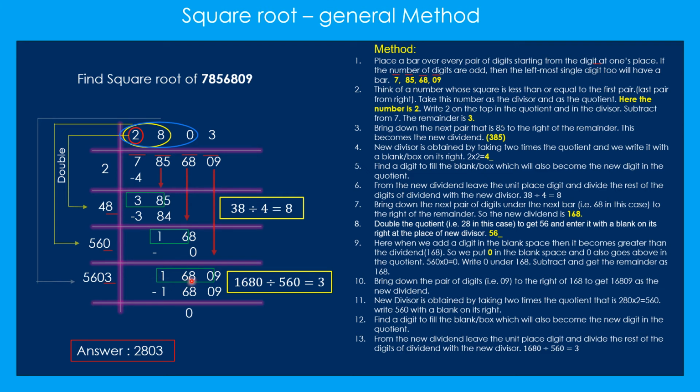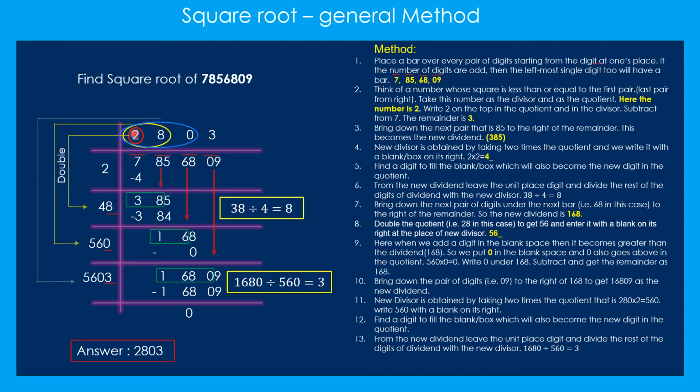After writing 168, you bring down the next pair of numbers, 09. So your new dividend is 16809. After you write the new dividend, we need to find the divisor. So how do you find the divisor? You just double the quotient here. So here our quotient is 280.